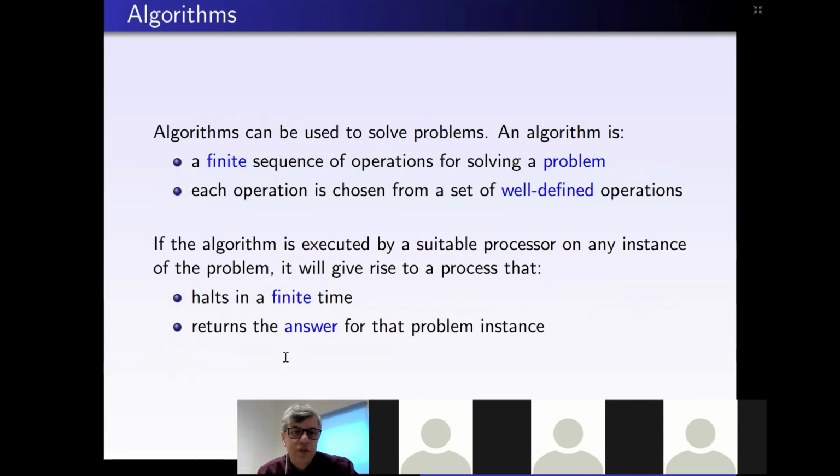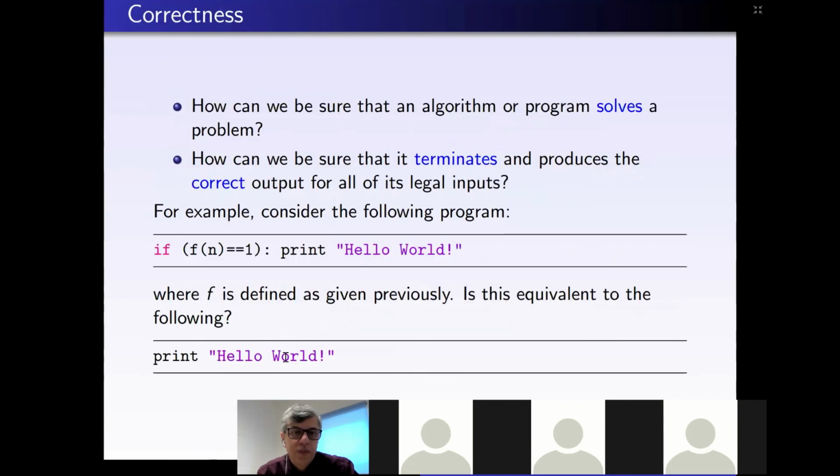So let's go back to this question. If f of n, you take a number and the output is 1, that means it is terminated, print hello world, where f is defined like we said. Is this equivalent to the following? What does it mean? It means, does the function terminate?